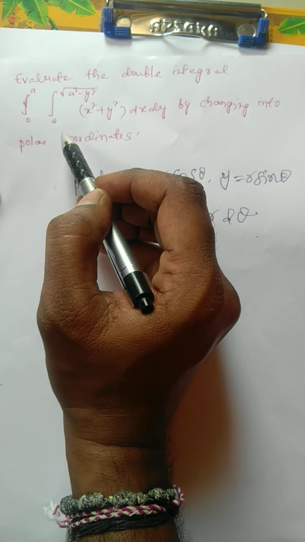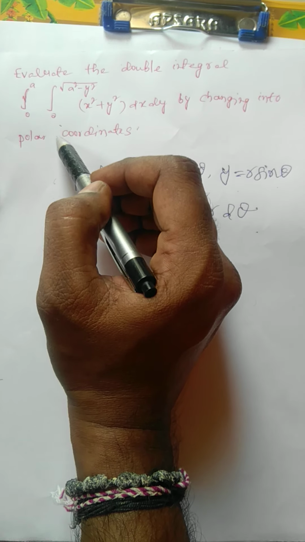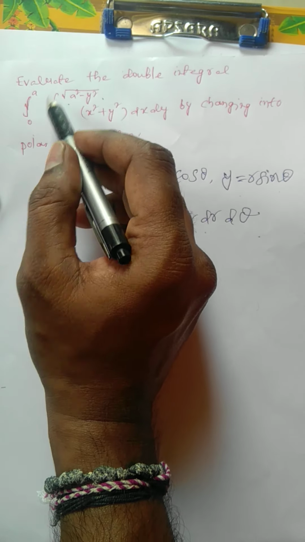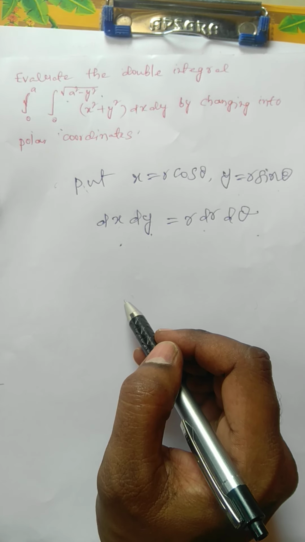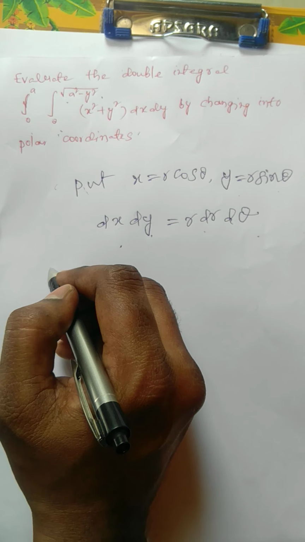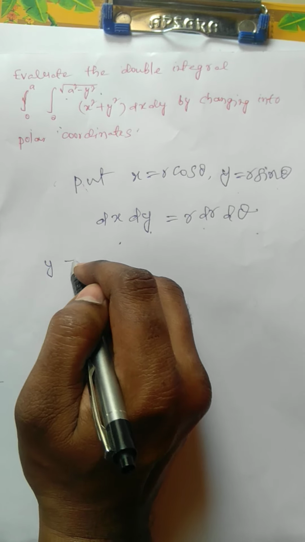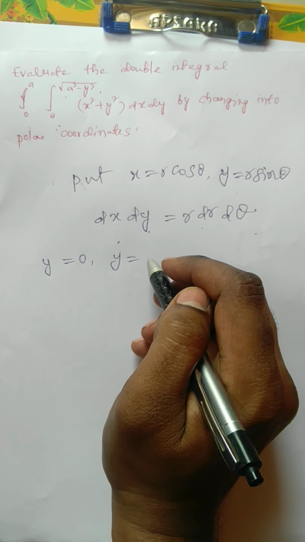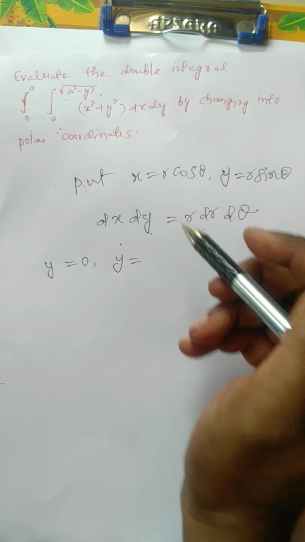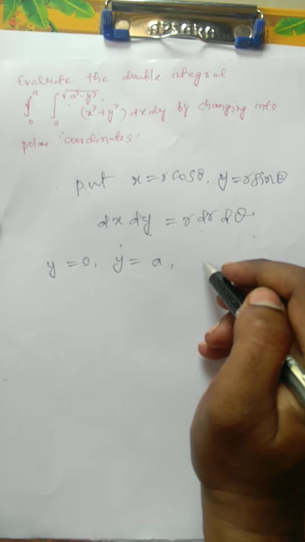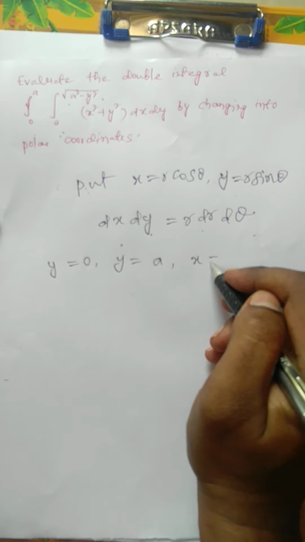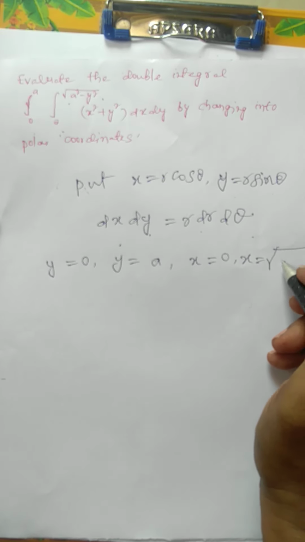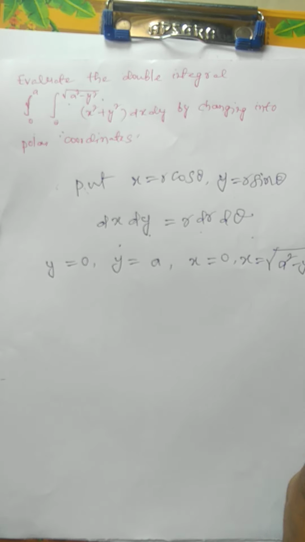So here the given limits are x equals 0 to square root of a square minus y square and y equals 0 to a. For that I am writing the region of integration. Y equals 0 and y equals a, and x equals 0 and x equals root over a square minus y square.